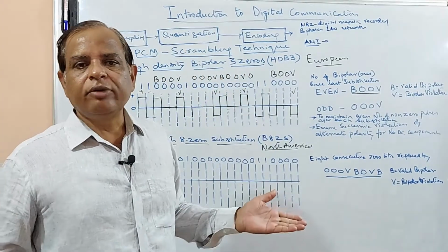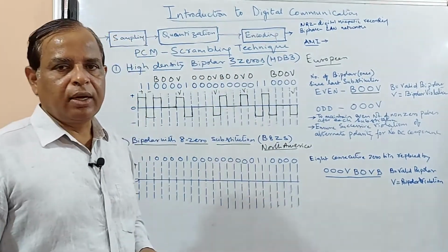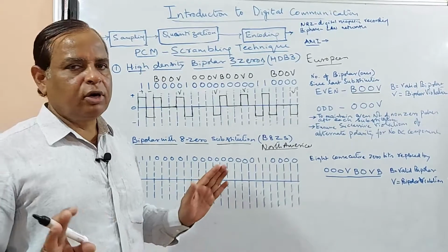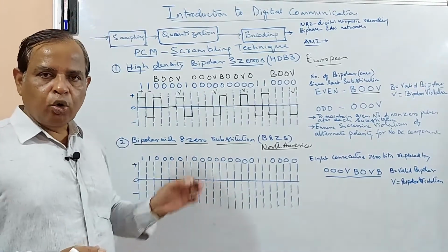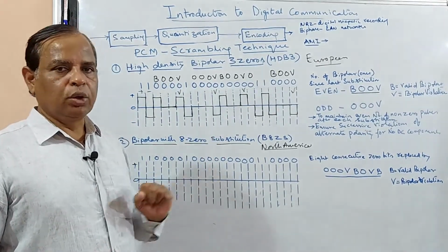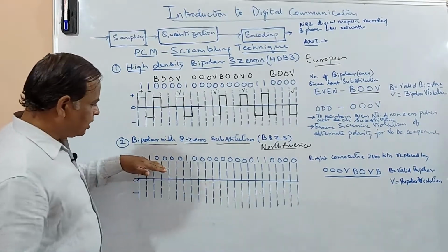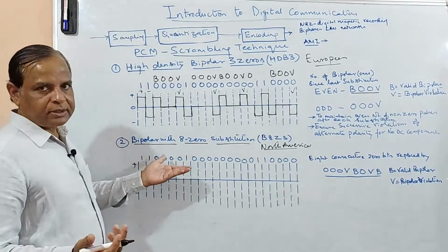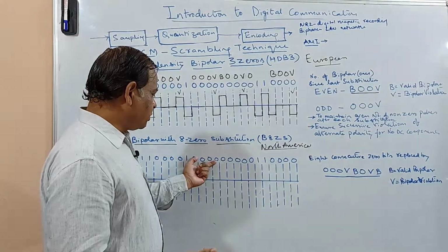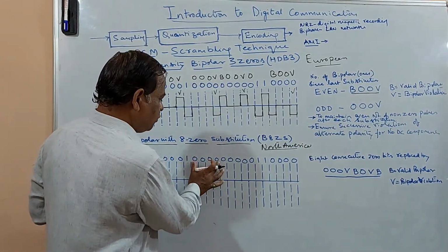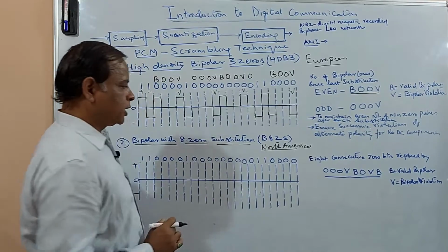Wherever 8 zeros are there, only then is it applicable. 4 zeros it will definitely ignore, it will not bother, because there is no provision. It is only looking for 8 zeros. Here, where 4 zeros are there, we cannot do anything. Now here we have 8 zeros, 4 zeros, 8 zeros.